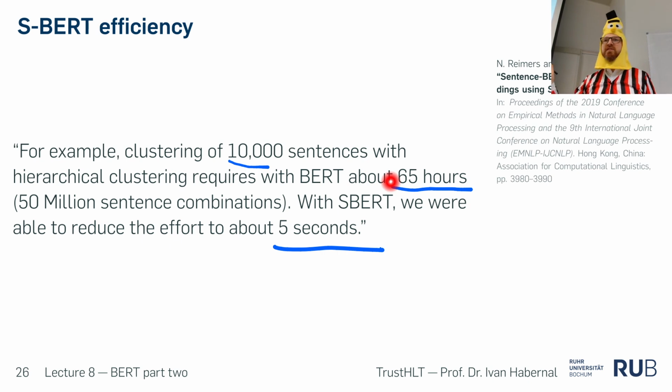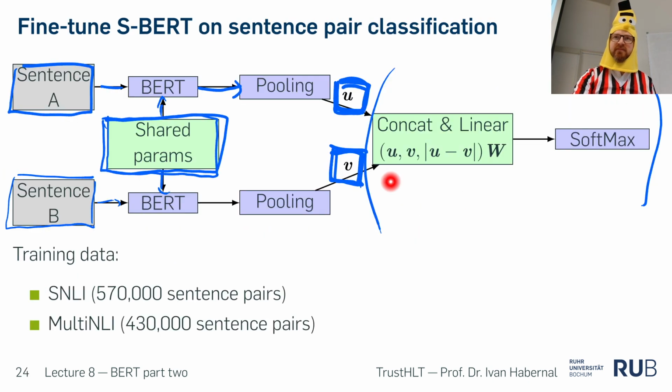Any questions about SentenceBERT? Yes? If we would compare two sentences, we would take the same model and look at what? Yeah. The idea is that they will have a different input.